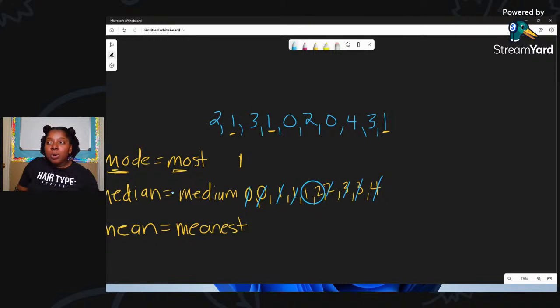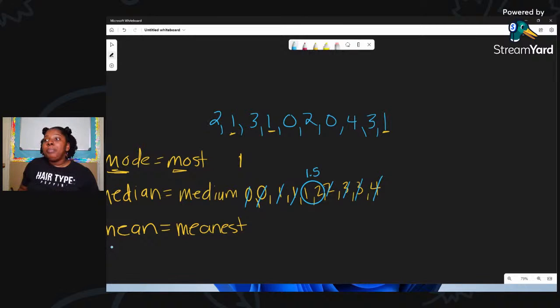A lot of times you'll have 1 number in the center, but if you have 2 numbers in the center, well, what number would be in between 1 and 2, right? We find the average of those numbers, but what number is in between 1 and 2? Right smack dab in the middle would be 1.5.